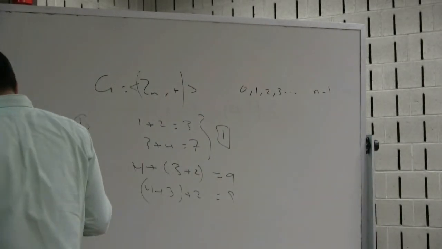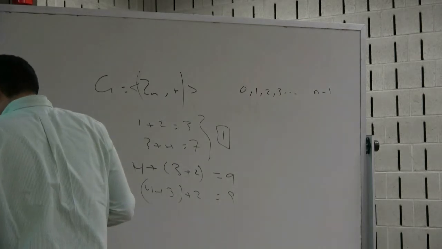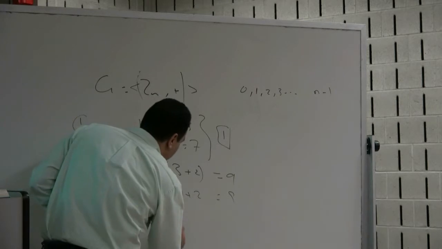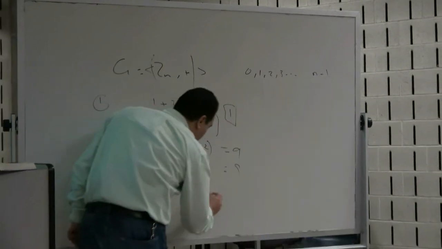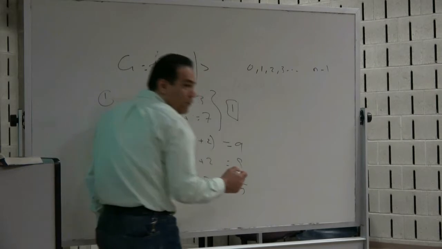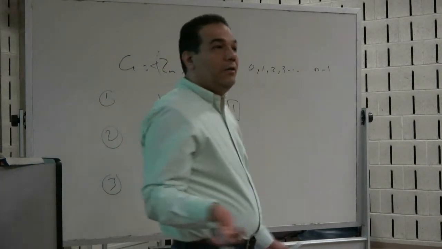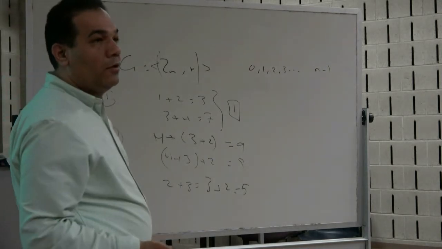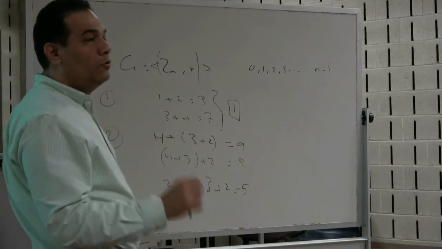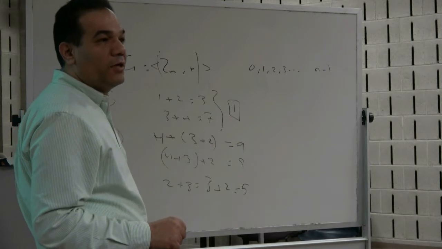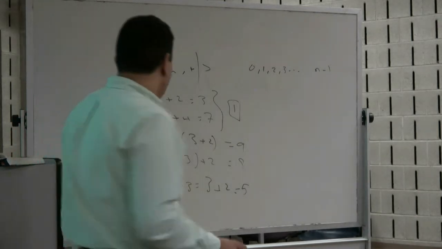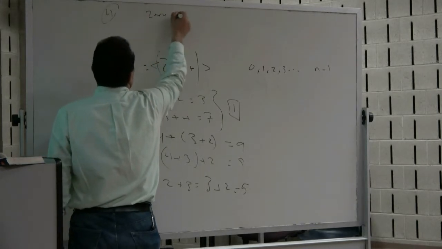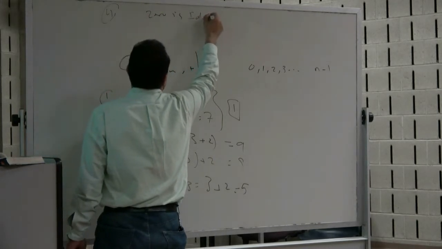Then after that, you talk about commutativity, which is 3. 2 plus 3 equals 3 plus 2, which equals 5. Alright? How about the identity? What's the identity here? Anything you add to the identity gives you itself. What was the identity? 0. So number 4, 0 is the identity, right?